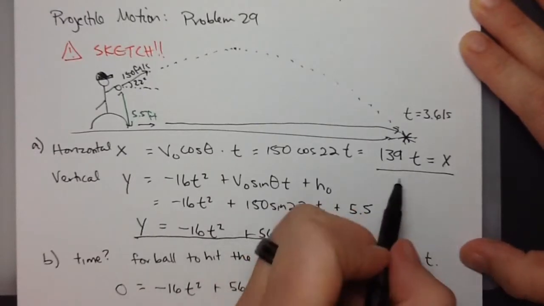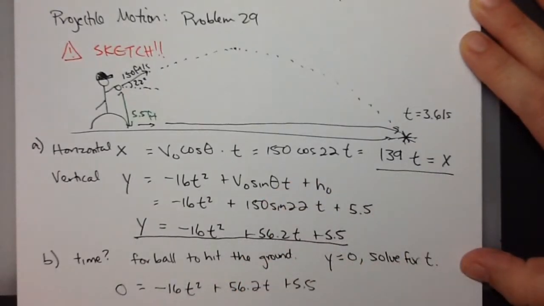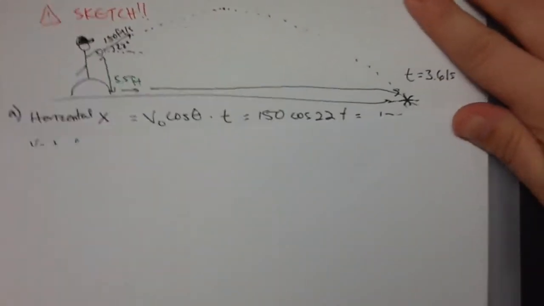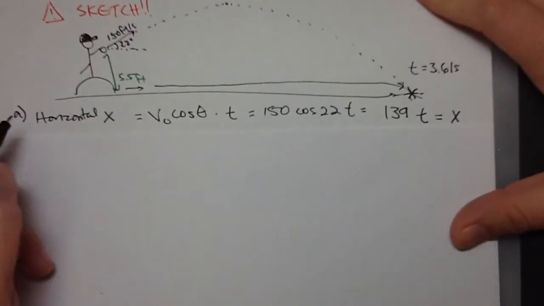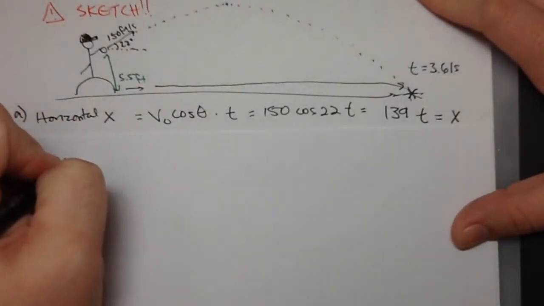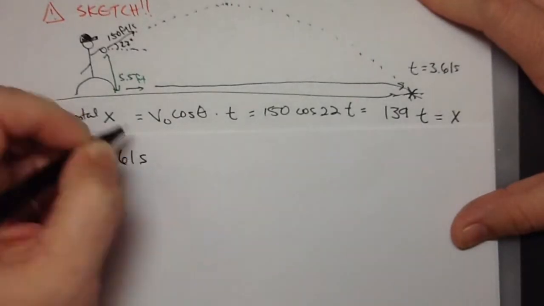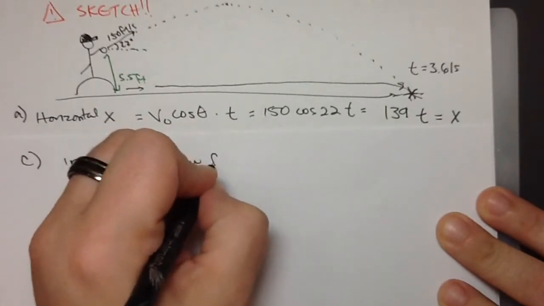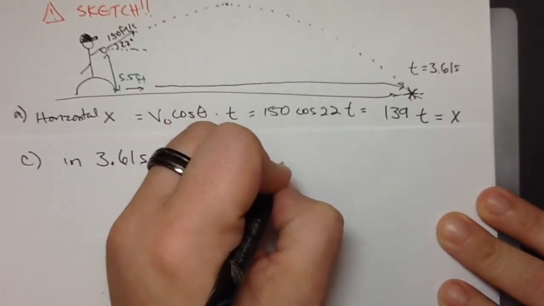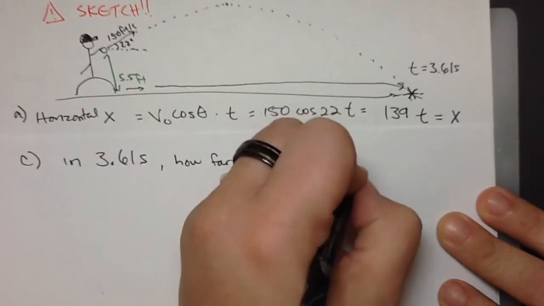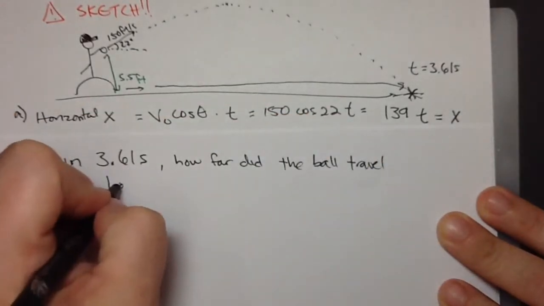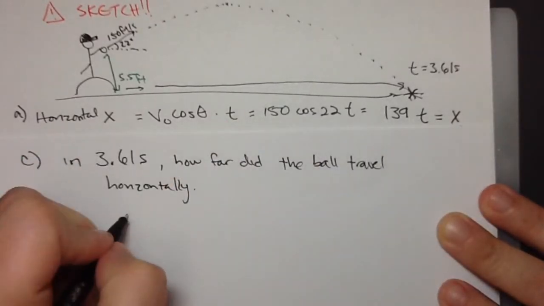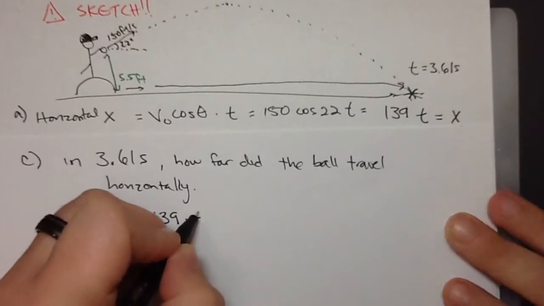So we're going to use our equation for x here. In part C, they ask, in 3.61 seconds, in the time that it takes to hit the ground, how far did the ball travel horizontally? So we're going to use this equation, x equals 139 times time.